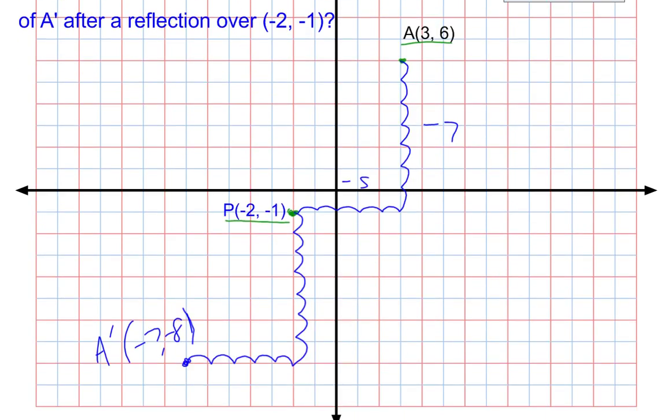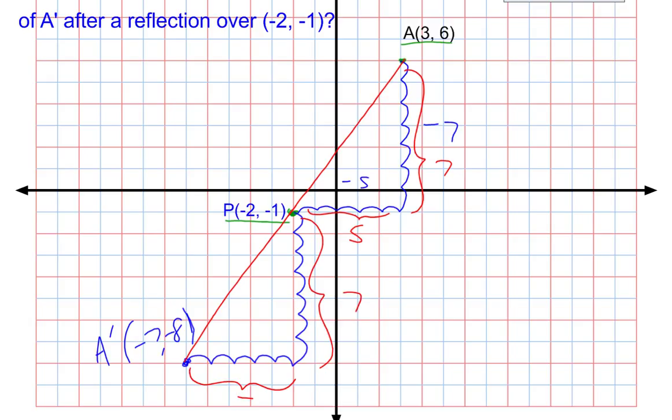In other words, if you drew a line from A to P, that would be the same distance as A prime is to P. It would have to be, because this is 5 units and this is 7 units, and this again is 7 units and this is 5 units. We've got two right triangles, and by side angle side, these two triangles are congruent, which means all their corresponding parts are also congruent, namely the hypotenuses must be congruent.